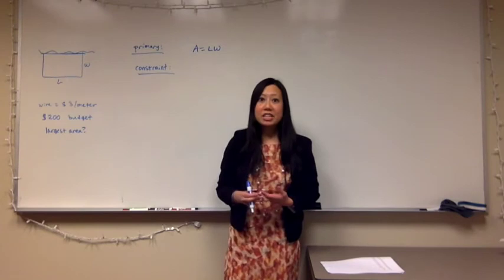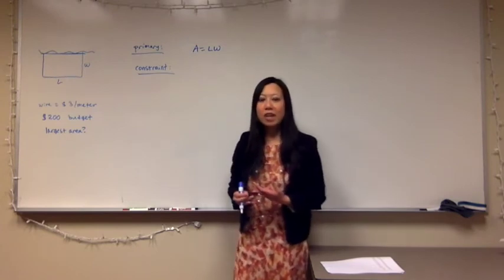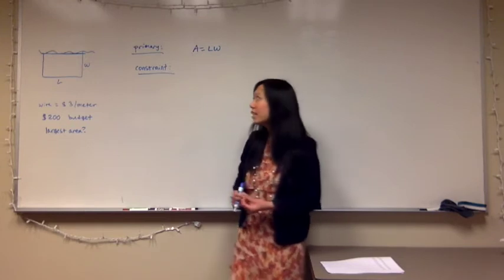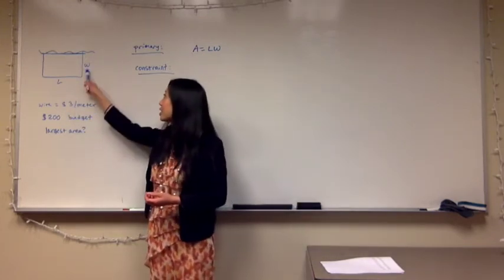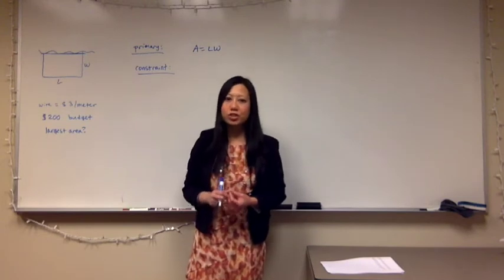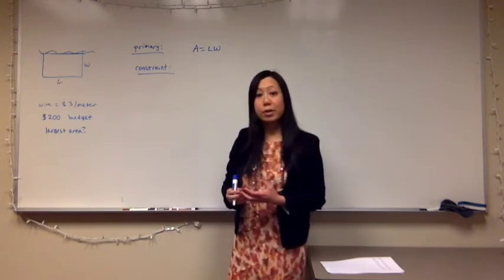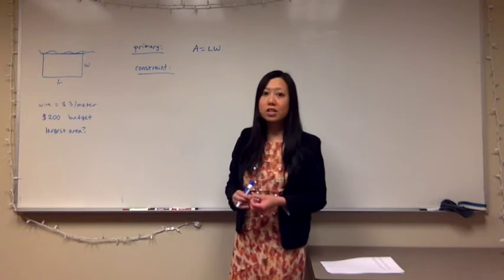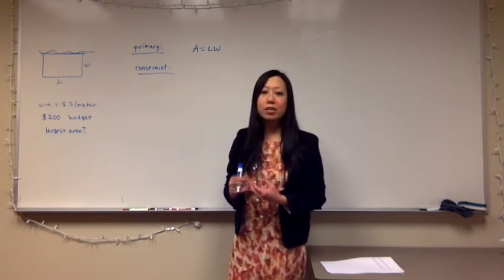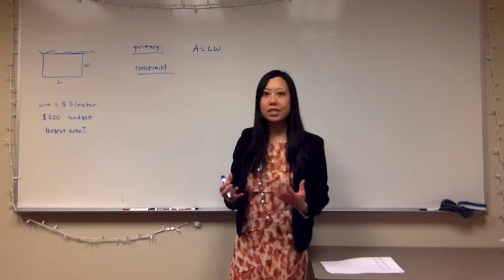My restriction is the cost, so I have a total of $200. If it's $3 per meter, then when I multiply $3 by the total length of the fence, I should not be more than $200. So I can find how much I'm actually paying for the fence by multiplying $3 by the total length of the fence.